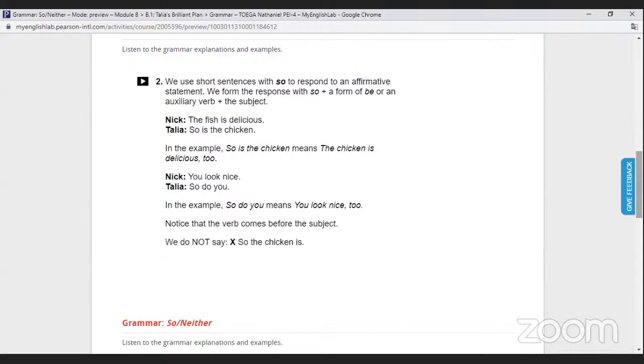Number two, we use short sentences with so to respond to an affirmative statement. We form the response with so, a form of be, or an auxiliary verb, plus the subject. Read examples, please. Okay. The fish is delicious. So is the chicken.